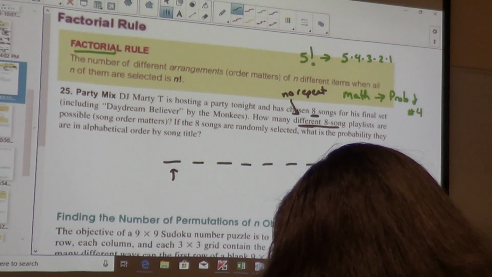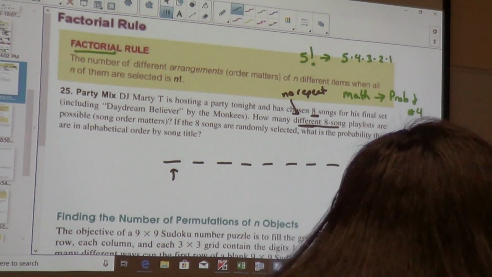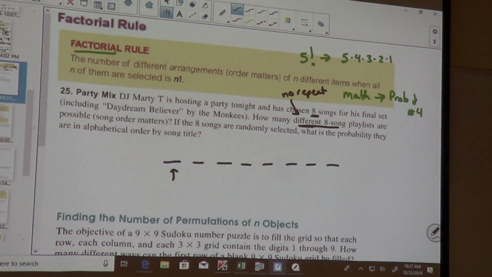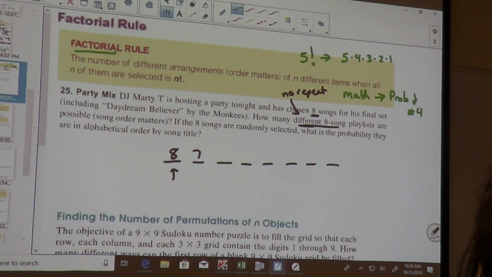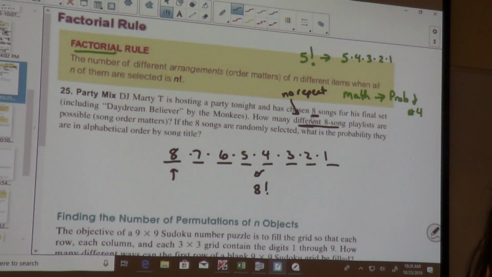So how many choices does he have to pick for that first song? 8. And once he plays that first song, how many does he have? And then once he plays that, so this would be 8 factorial.